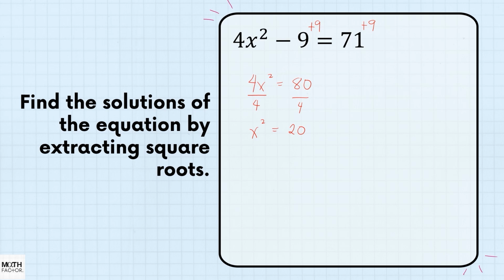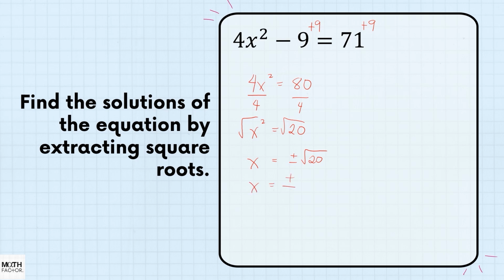Now, we will get the square root of the two terms. So therefore, we will have x is equal to positive negative square root of 20. So we will get the simpler form of square root of 20 by getting the factors of 20 that has a perfect square value.